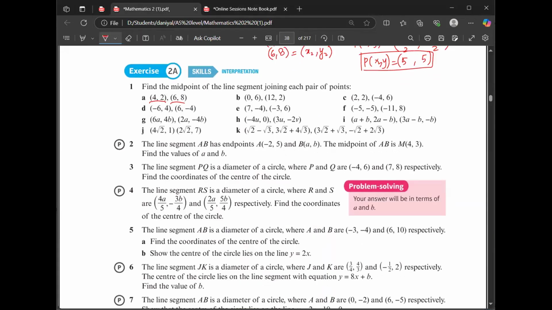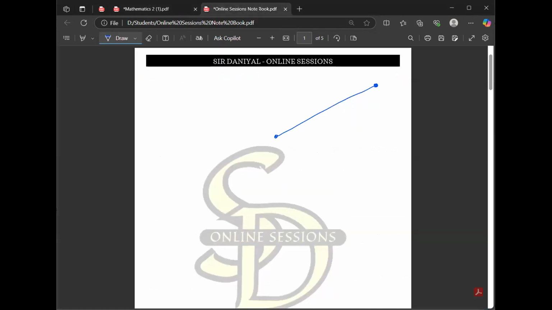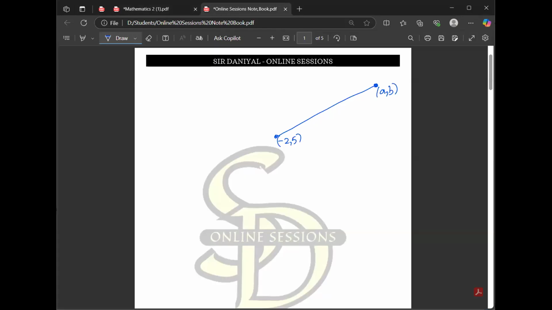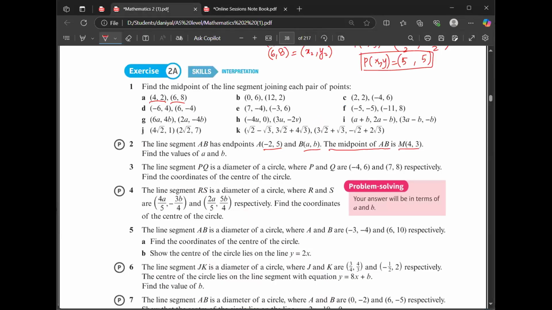The points were -2 comma 5 and (a, b). They are saying the midpoint of AB is M, 4 comma 3. So the midpoint of the line is this one, which is 4 comma 3. Now they want us to find the values of a and b.